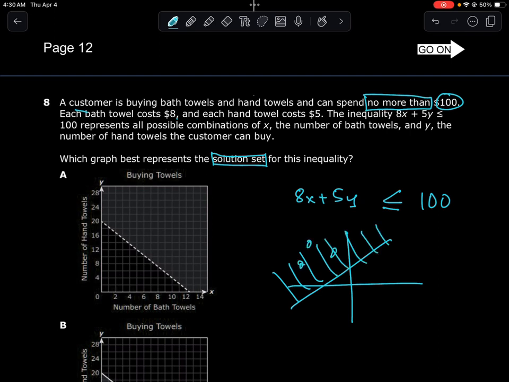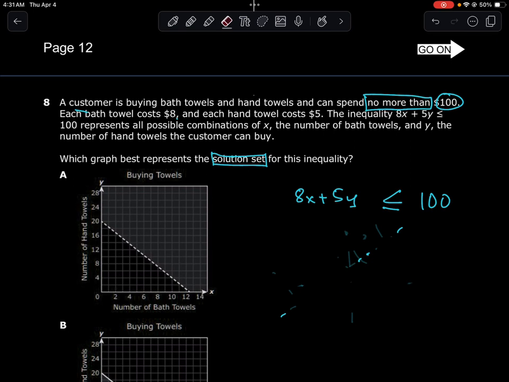Any point on this shaded area, for example, would be a solution. Now, if the line is solid, all the points on the line are solutions. On the other hand, if the line is dashed, then the points on the line are not considered as solutions. So this is what it means, the solution set. We need to have a shaded area.